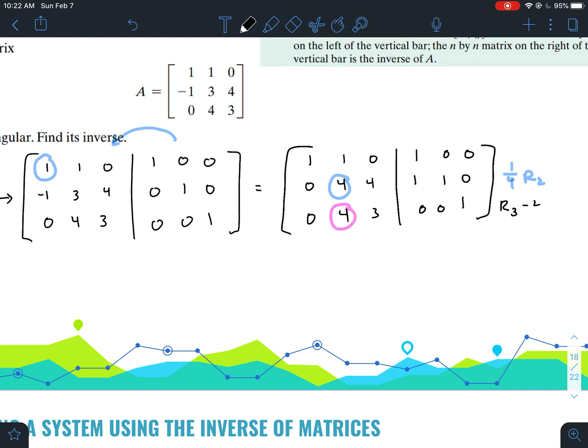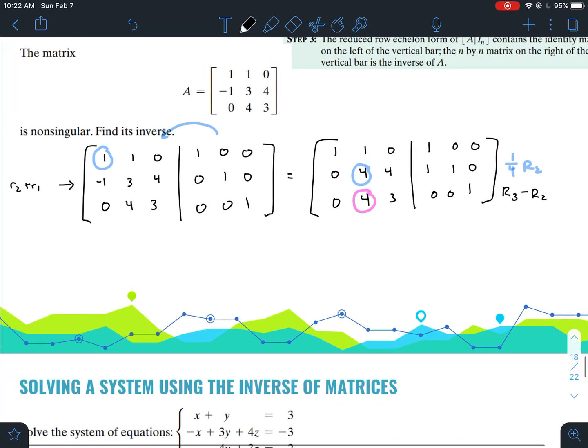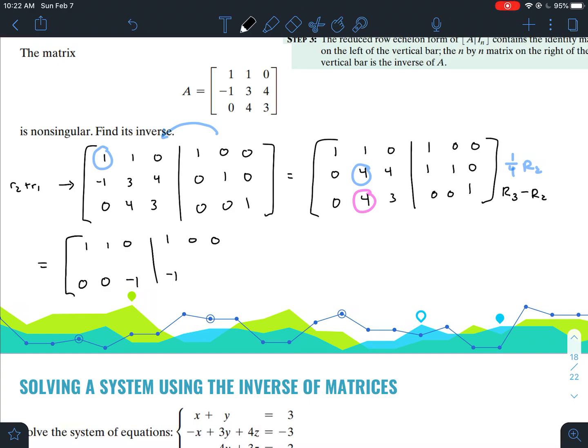I could do row 3 minus the original row 2, and I would get a 0 right there. So my new matrix would have 1, 1, 0, and then 1, 0, 0. Then row 3 minus row 2 gives 0, 0, negative 1, negative 1, negative 1, 1. And 1/4 of row 2 gives 0, 1, 1, 1/4, 1/4, 0.